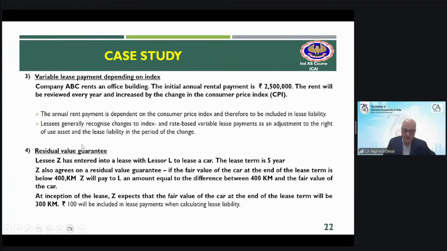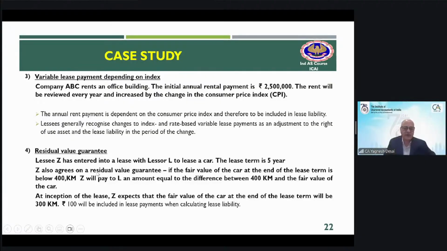Residual value guarantee. This is the last part for that 5-star slide. Lessee Z has entered into a lease of a car with lessor L. The term is 5 years. Z, the lessee, agrees on a residual value guarantee. If the fair value of the car at the end of the lease term is below 400, then Z will pay L, the lessor, an amount equal to the difference between 400 and the fair value of the car.